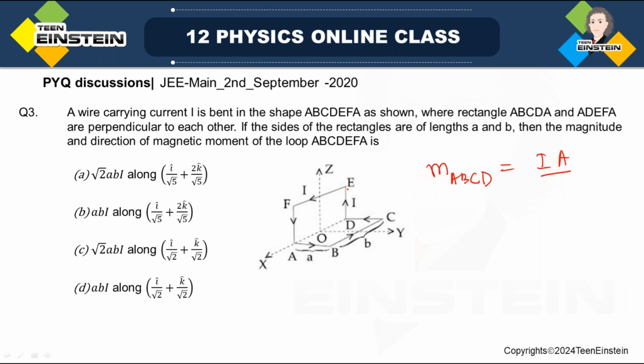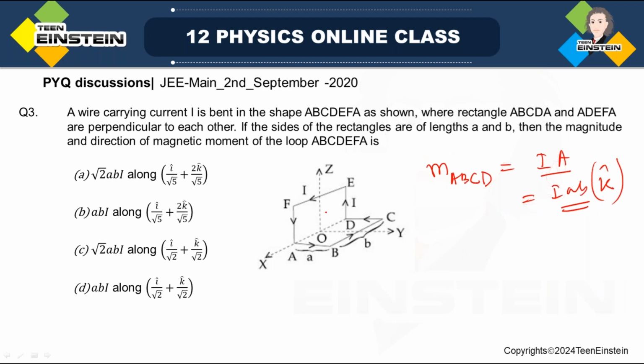Current I is flowing everywhere, and the area is AB, so the magnitude is IAB. The direction of this one will be along k cap, along the z direction.